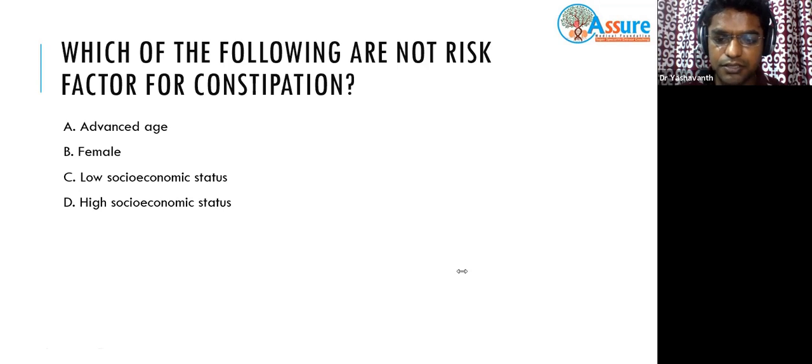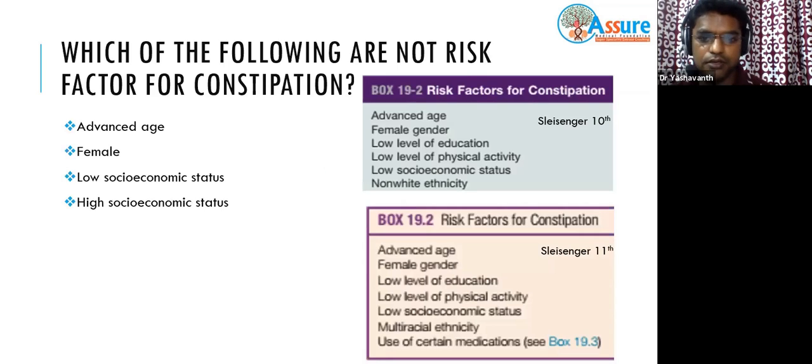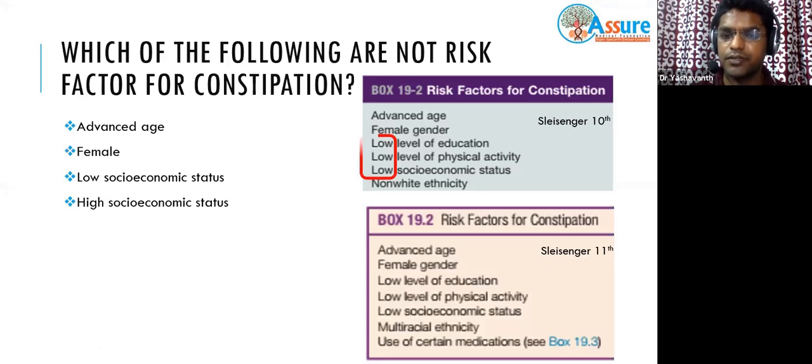People always think this is quite common in high economic status, but it is more common in low socioeconomic status, low level of education, and low physical activity. All are low, and it is quite common in advanced age, female gender, and non-white ethnicity.